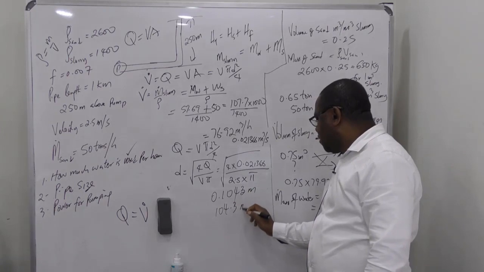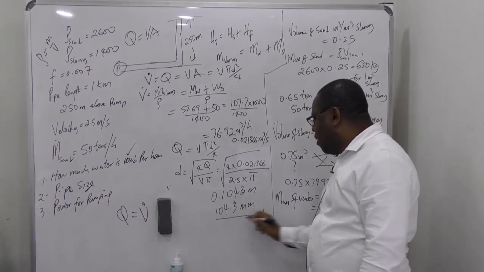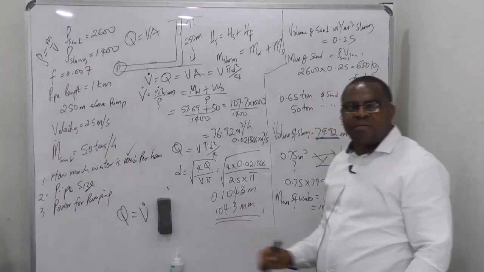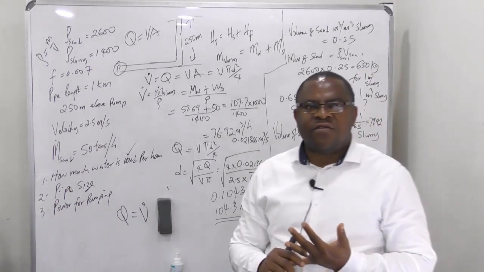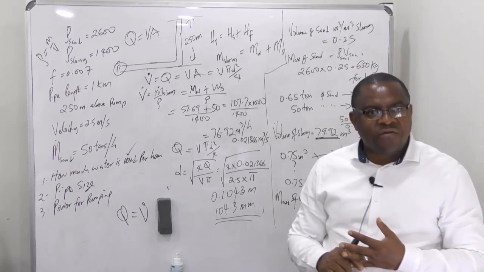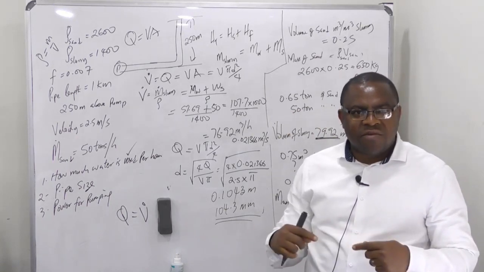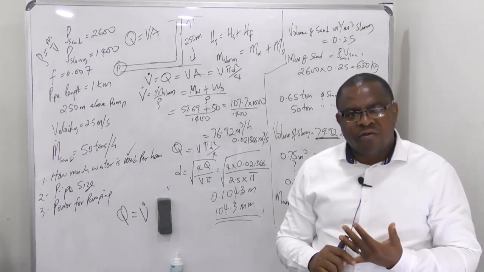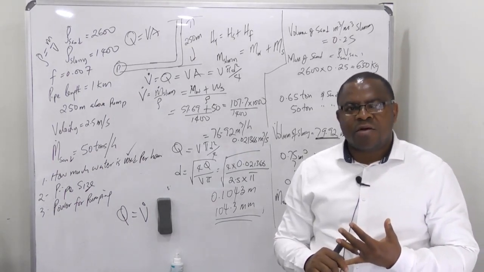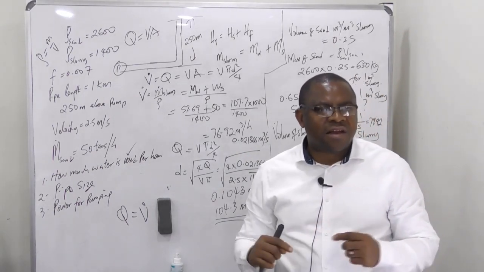Which is like 104.3 millimeter. Now, when you want to choose the size of the pipe, we have a 5-inch pipe. A 5-inch pipe is about 125 millimeter internal diameter. We have a 4-inch pipe, about 100 millimeter internal diameter.